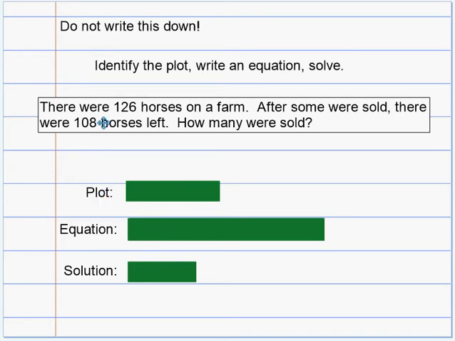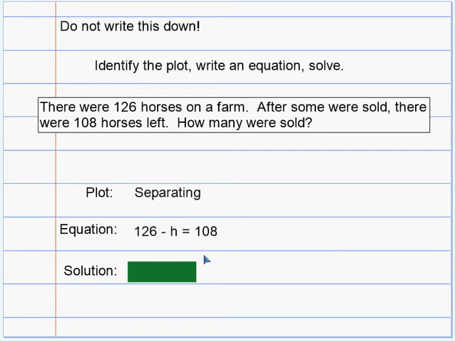The plot: we have some items, some go away, and then we have some left, so that's a separating plot. Now the equation, I'm going to bet that you think of a different equation than I do. The equation that I have is 126 minus h equals 108. Remember, h is a variable, so if you have a different letter there, that's okay.